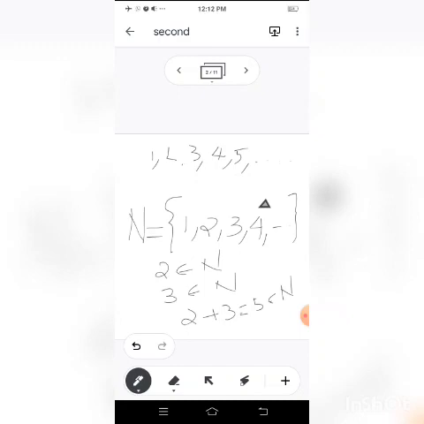But how do we define subtraction in natural numbers?